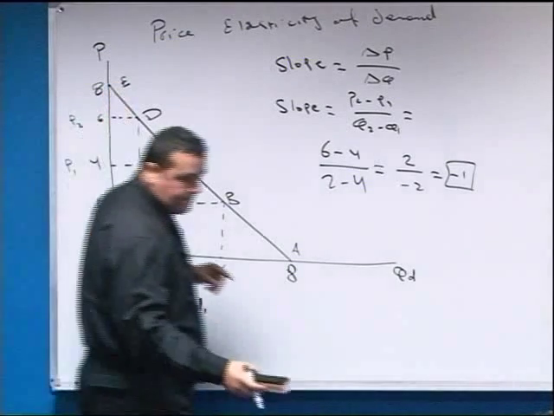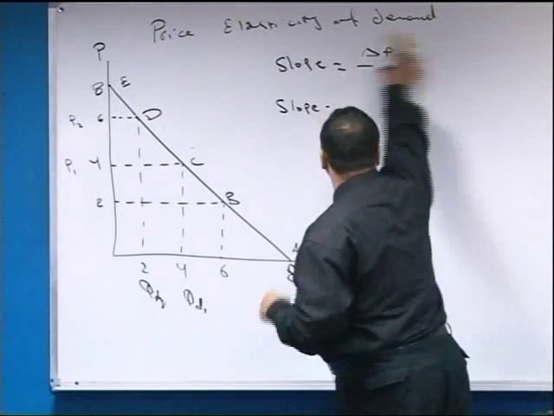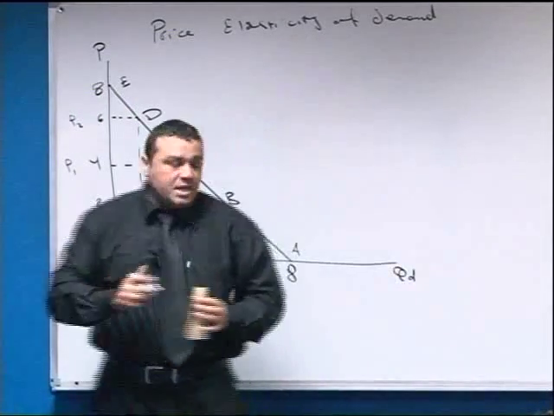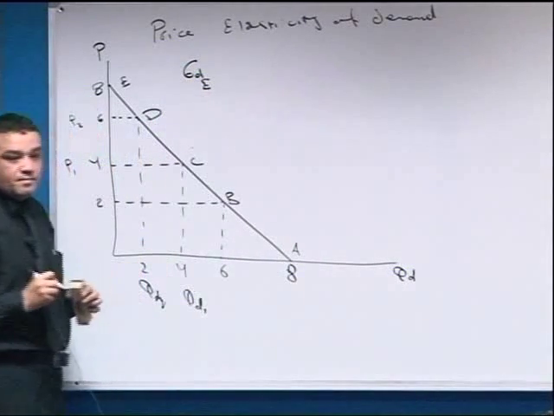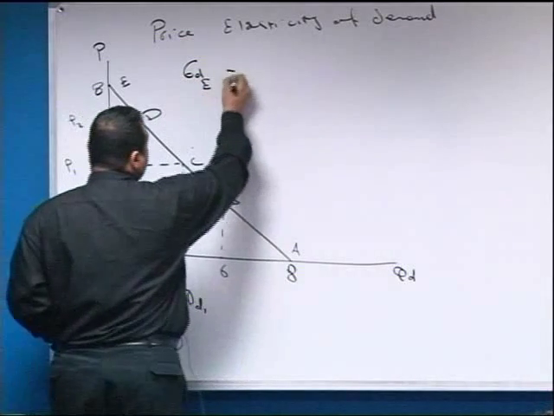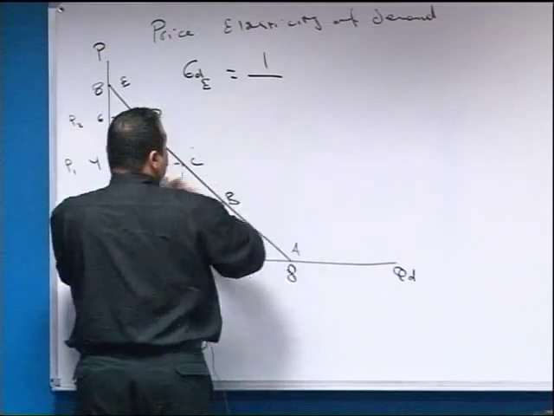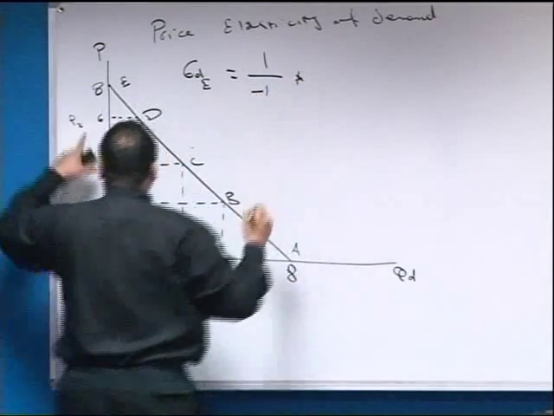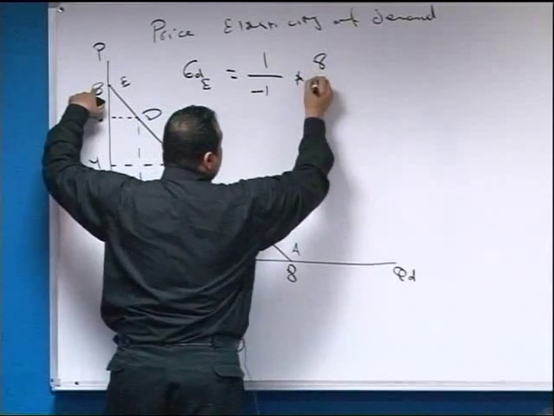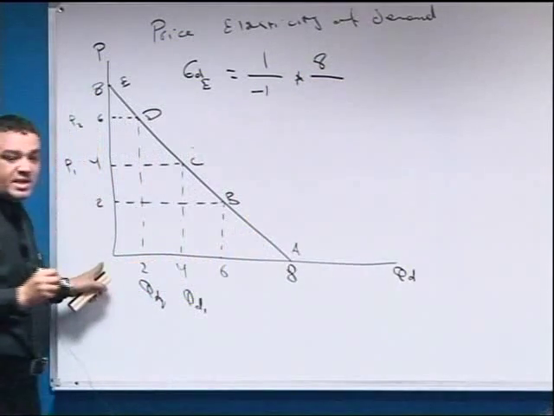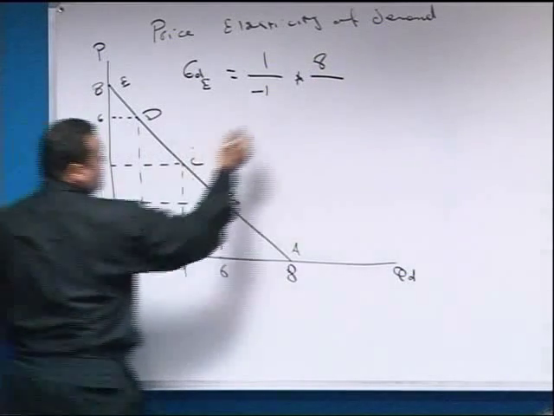Let's calculate the price elasticity of demand at point E. ED is the price elasticity of demand at point E, which equals 1 over the slope, 1 over minus 1, times P1 equals 8 over the quantity demanded, which is 0.